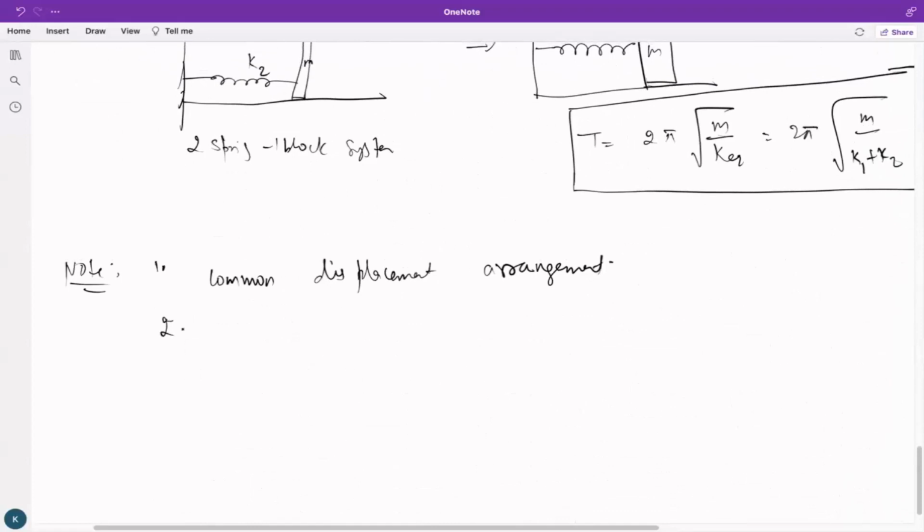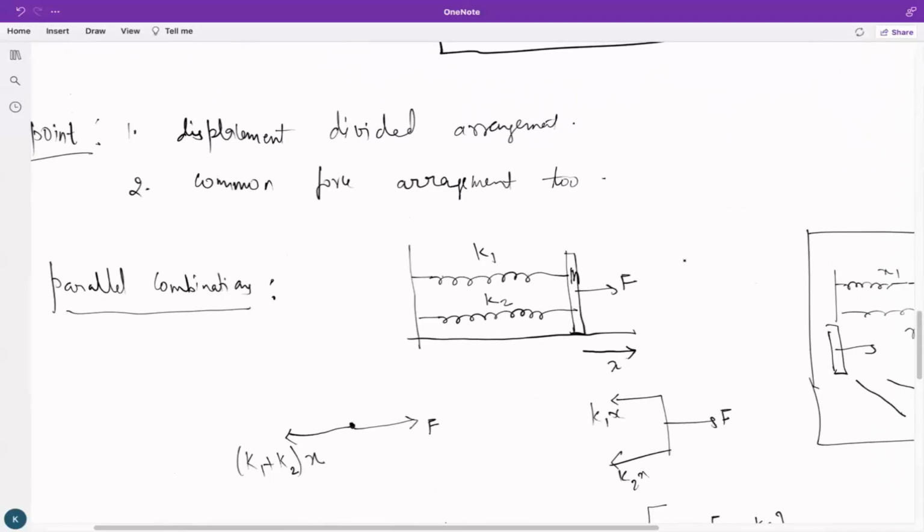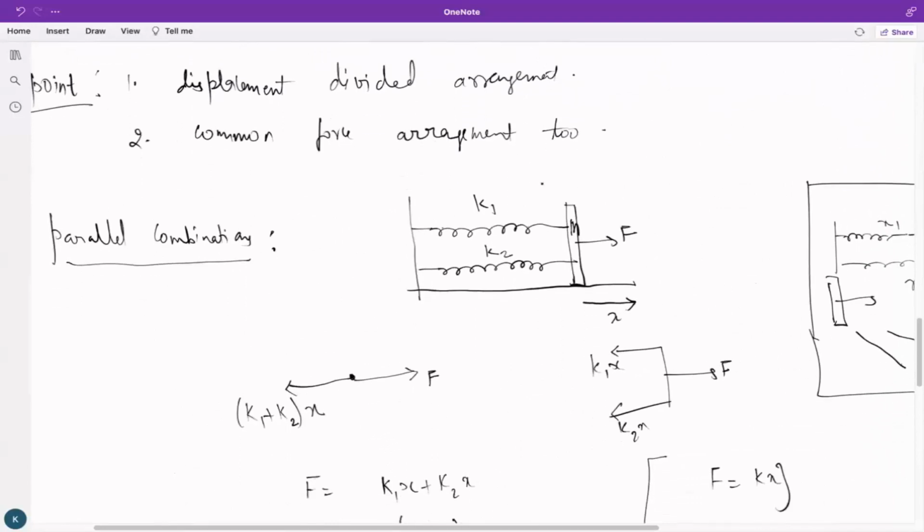And the second is the force divider arrangement. Why am I saying so? Look at here. Our force is distributed between two springs, K1x and K2x.